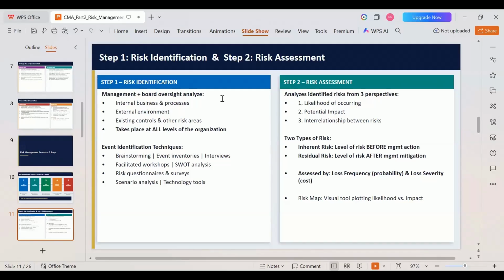Then comes interviews and self-assessment. Each and every department knows their department best. So they will be asked to assess themselves in terms of risk.